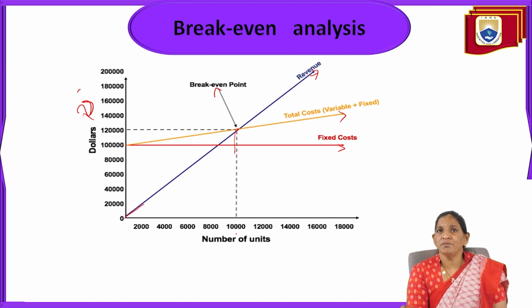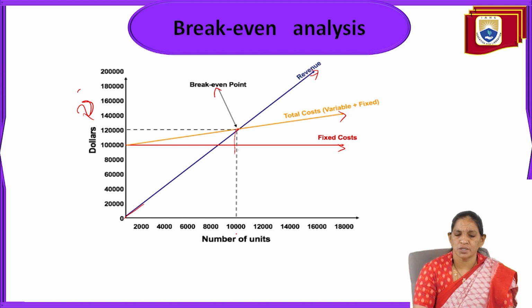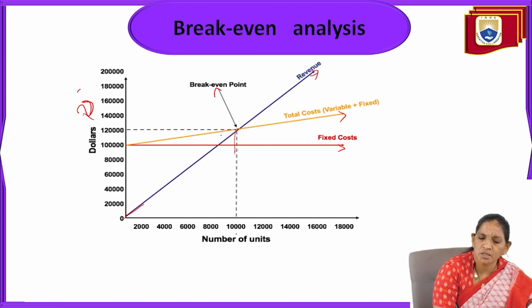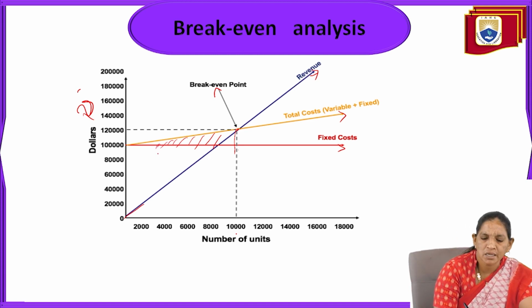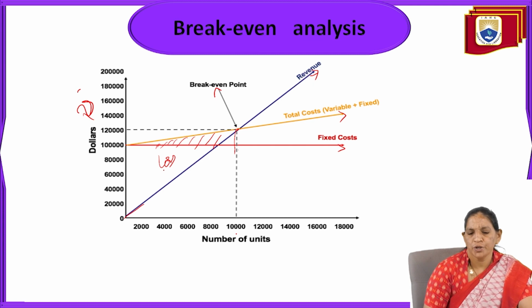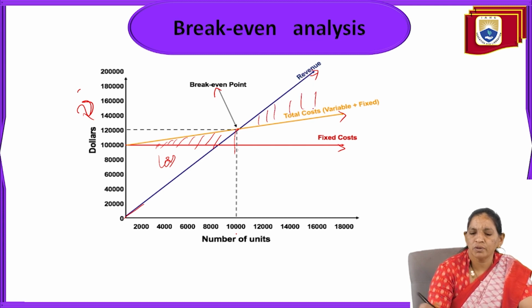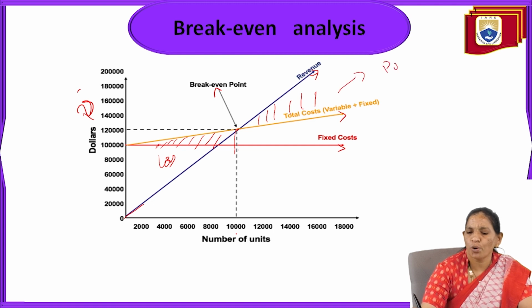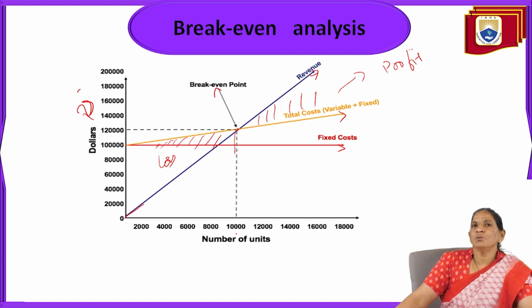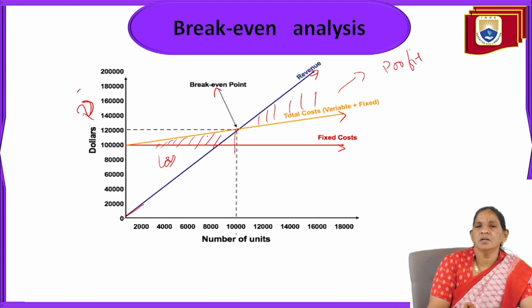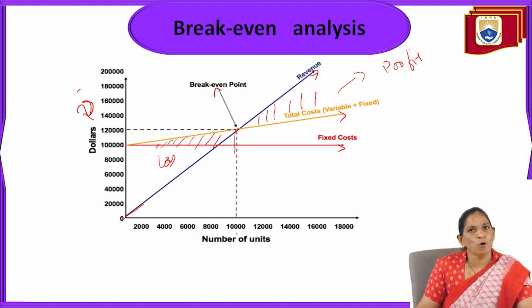If we produce goods below the revenue, this portion we call the loss portion. Above the revenue line, where the cost is above, we call it the profit portion. It means below the meeting point, below the break even, we consider it a loss.